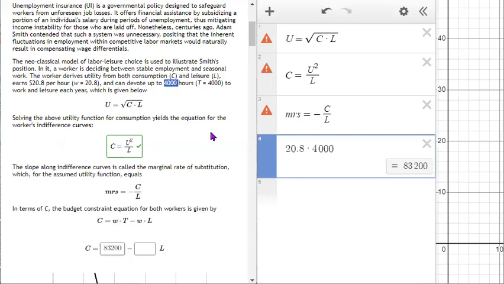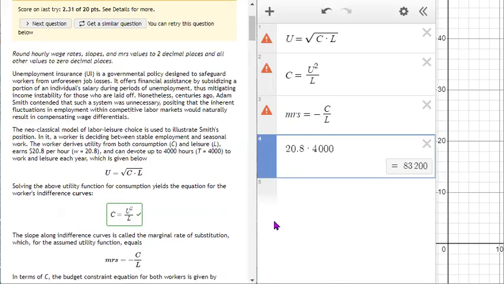So if we work 80 hours a week for 50 weeks out of 52 weeks for the year, we have a 2-week vacation, and we work a total of 4,000 hours, we can earn $83,200 at a wage of $20.80. So that's what that means right there. And then this is just the wage rate. The wage rate is $20.80, right?